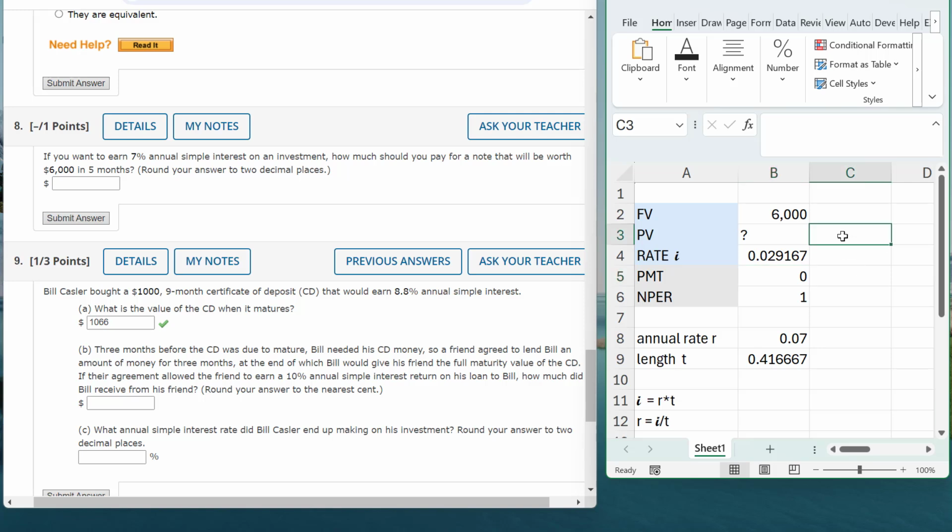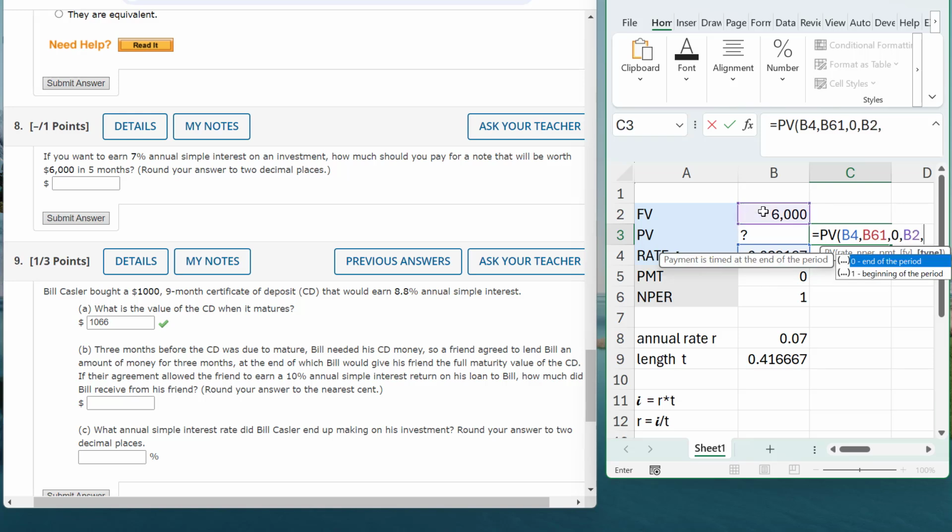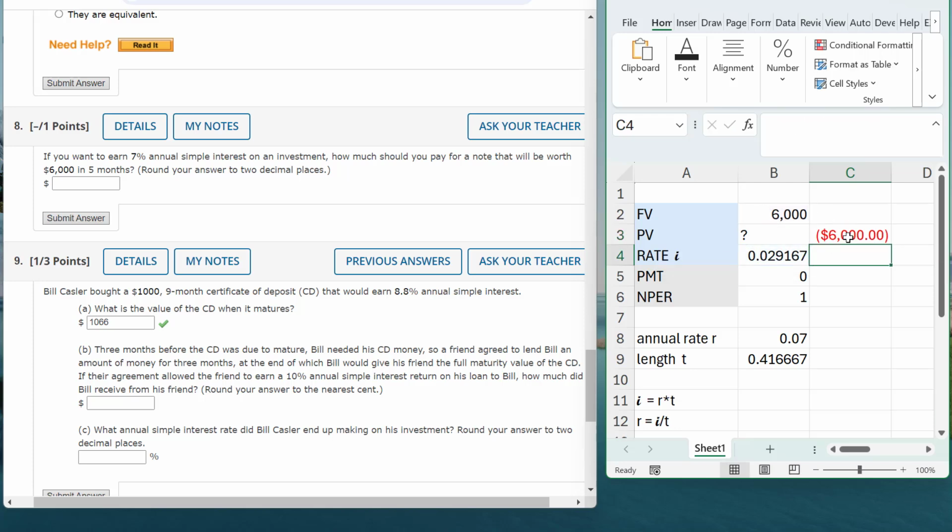Okay, present value would be the PV formula. Get the rate for the period, number of periods is 1, payment is 0, future value 6,000, ignore the type. Let me see what I did wrong there.